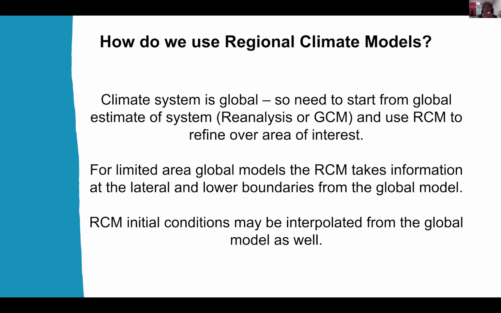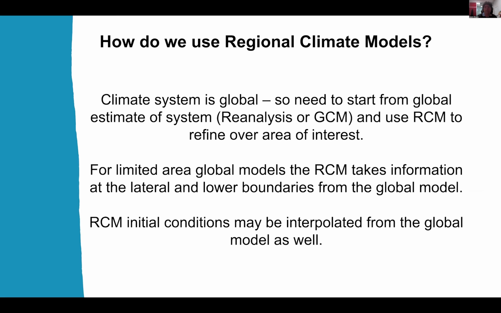And so we do have to start from a global estimate of what's happening in the system. That can come from a reanalysis if we're trying to model an observed event, or from a global climate model. And then we use our regional model to refine what's happening to high resolution over our given area of interest.